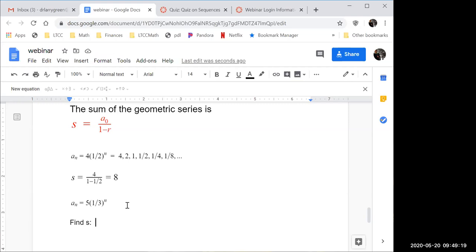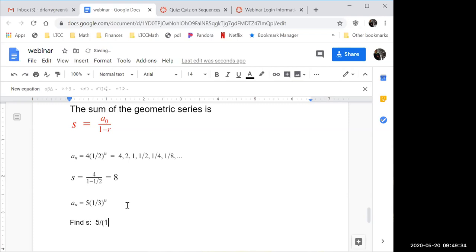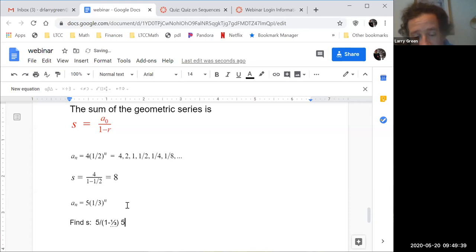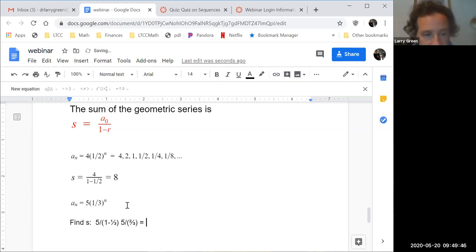This isn't that hard. 15 halves. Okay, right. So notice it doesn't just go nicely anymore, because that's going to be 5 divided by 1 minus a third, and that's 5 divided by 2/3, which is 15 halves. I forgot the equal sign. So I think your answer is yes, coincidence.